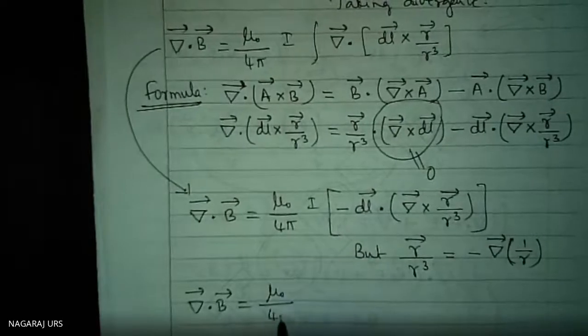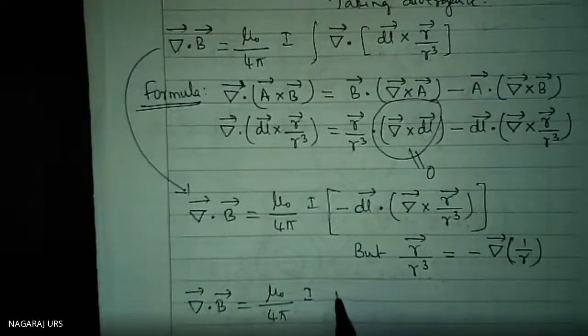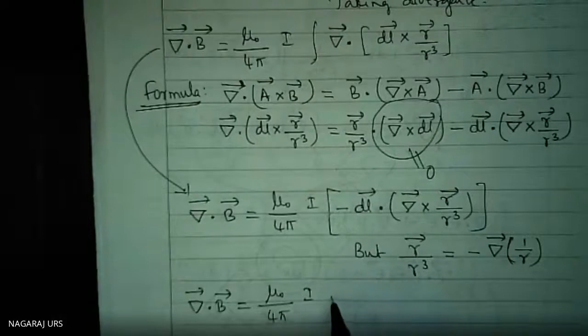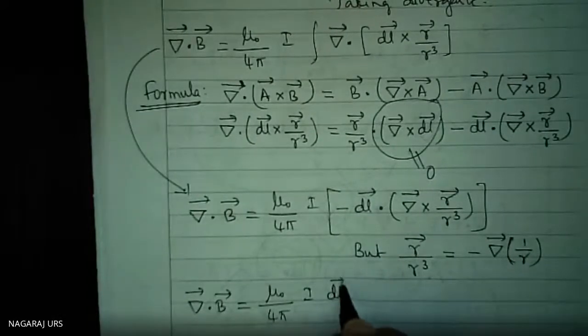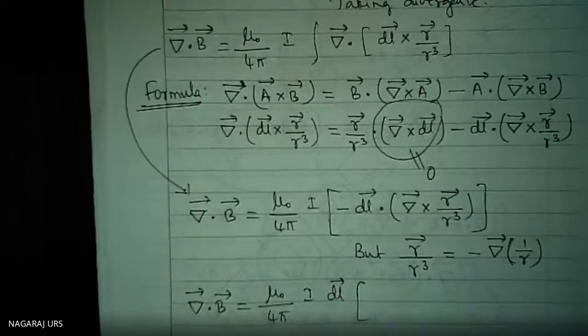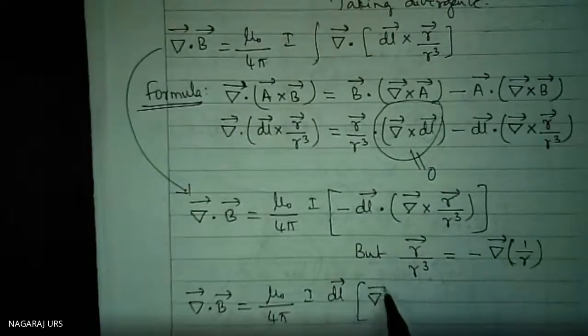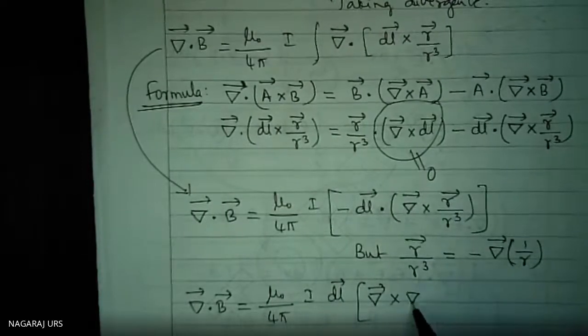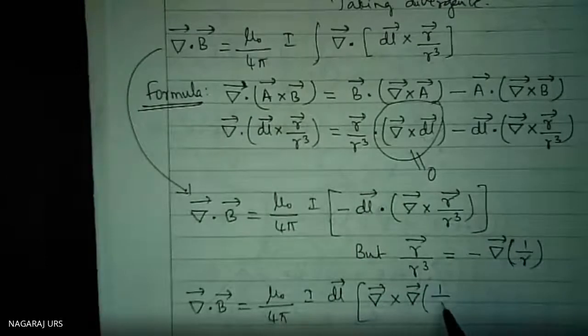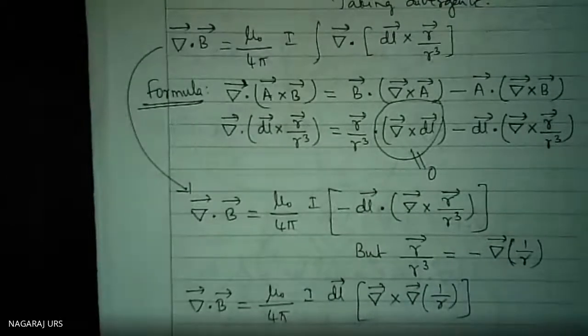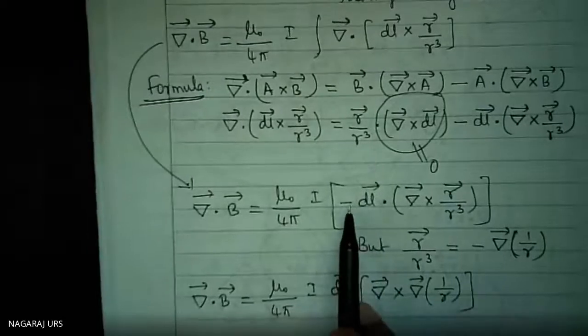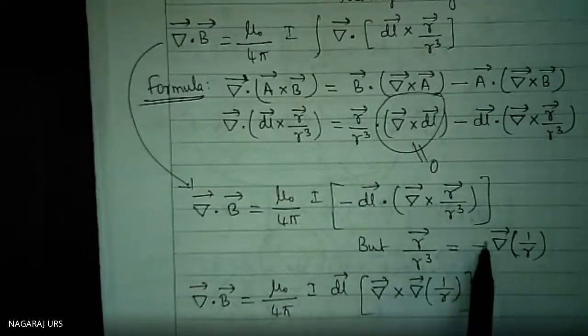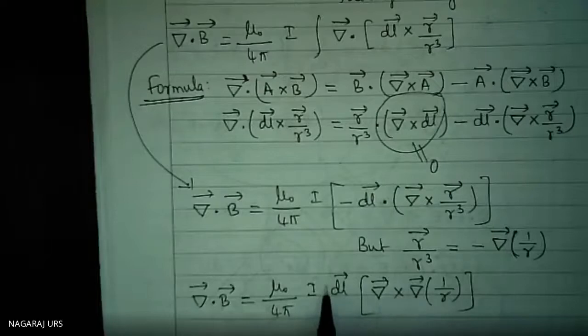Mu naught divided by 4 pi, I dl as it is, I can write del cross this value. But what happened to this negative sign here? One more negative sign here. If you put this negative sign here, minus into minus will be coming plus.